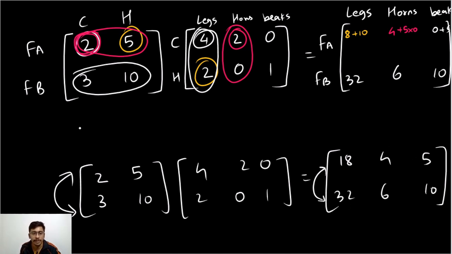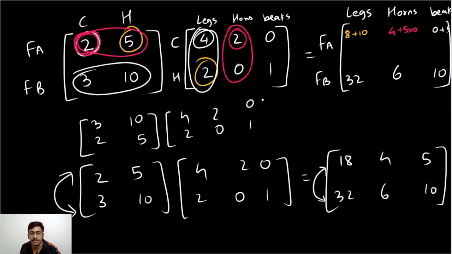So if I were to switch the rows in the first matrix, let's say 3, 10, 2, 5 here, not changing the number of legs or horns or beaks, we would still get the same result, but the rows will only get changed, correct?